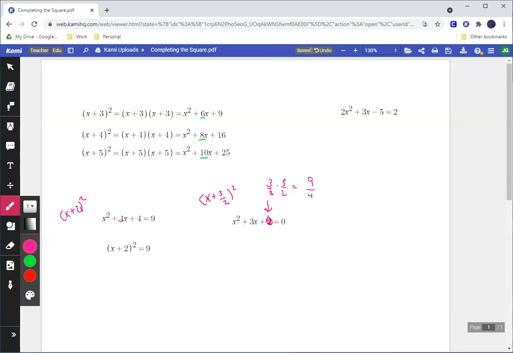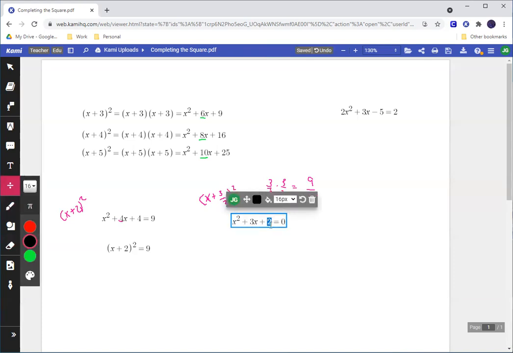Instead, all we have is a 2, which is actually 8/4, right? This 2 represents 8/4. So what we can do is add 1/4 to both sides, because this 2 is 8/4. If we add 1/4 to both sides, this will turn into 9/4, and then this will turn into 1/4.